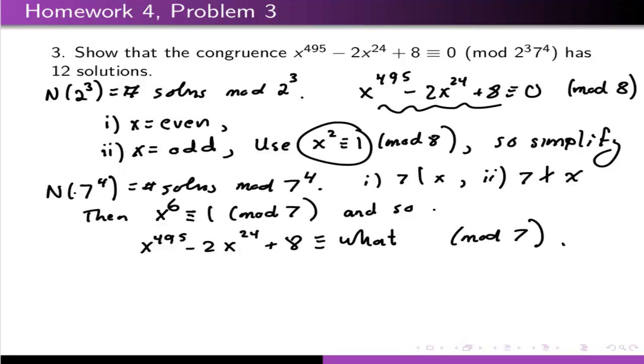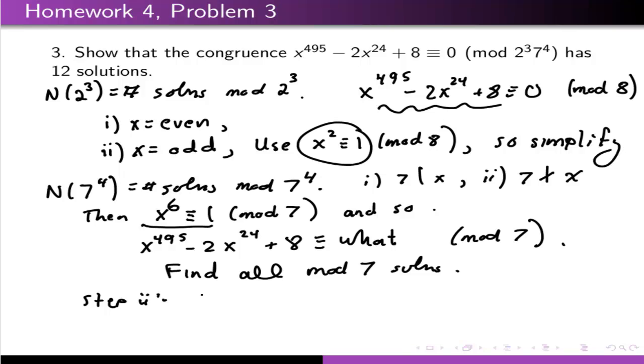We're going to start by solving it mod 7, by simplifying this equation using this fact. And then once you find all of the mod 7 solutions, so first find all mod 7 solutions. And then in step 2, you're going to lift those. Lift to mod 7 to the 4th.